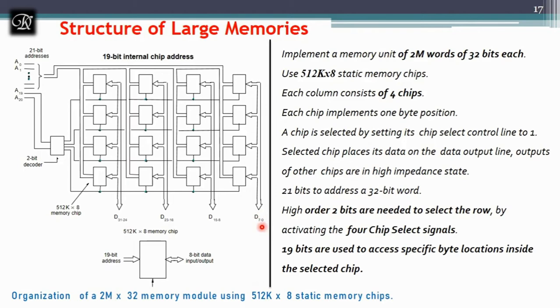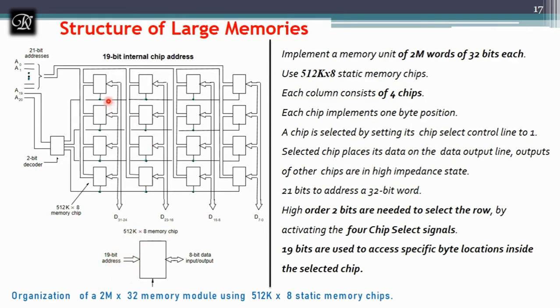And how are we going to divide the data lines? We'll be dividing the data lines byte by byte. Each word, if it is of 32 bit size, will have 4 bytes. So we are going to divide it into 4 bytes. How can we achieve this? We can achieve this with the help of a 512K memory chip. We have already seen how to design a 512K. 512 itself takes 9 and K takes 10, so 19 addresses for this.